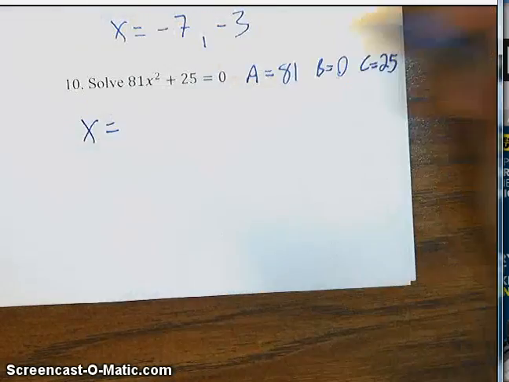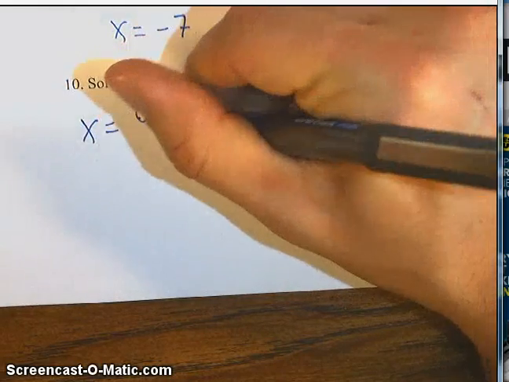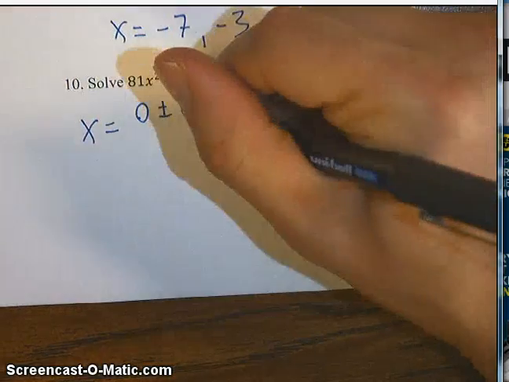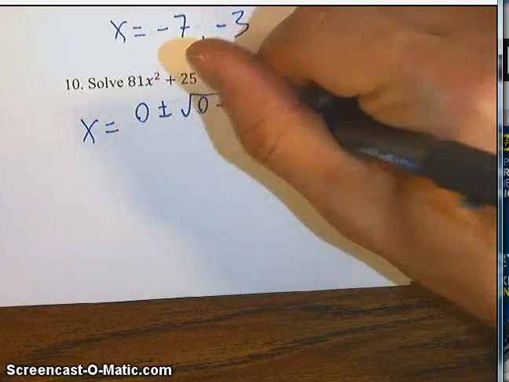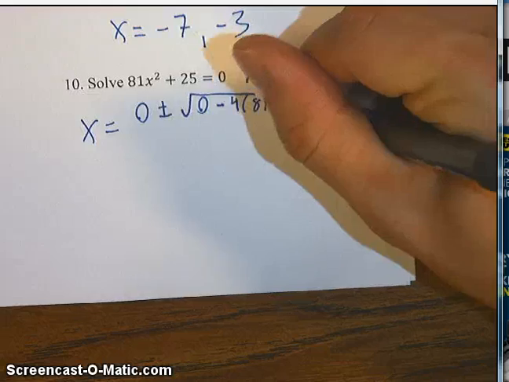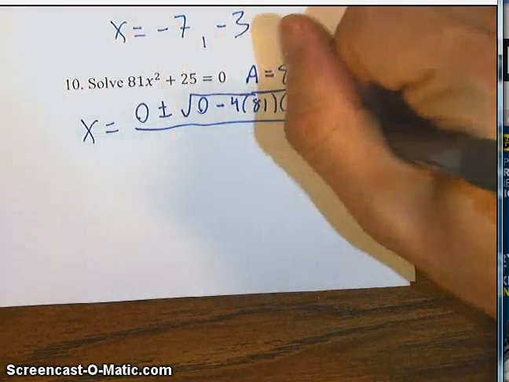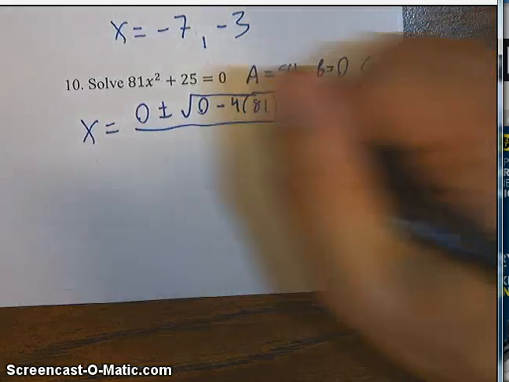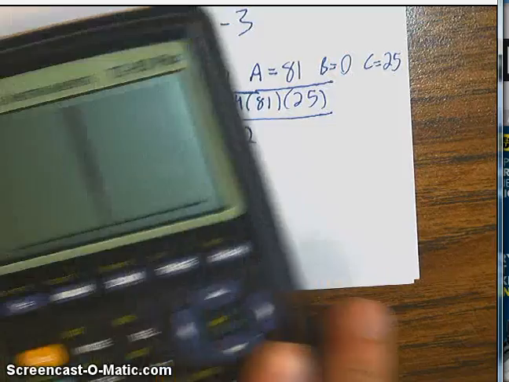X equals -b, or just 0, plus and minus the square root of b squared, which is just 0, minus 4 times A, which is 81, times C, which is 25, all divided by 2A. Or 2 times 81 is 162. And this looks like some calculator work.